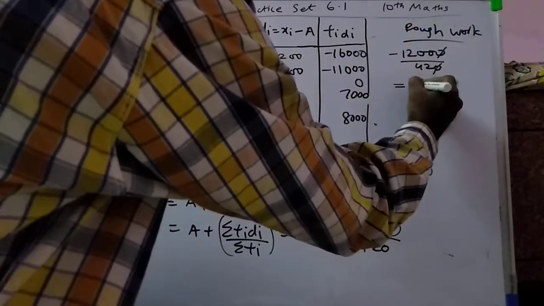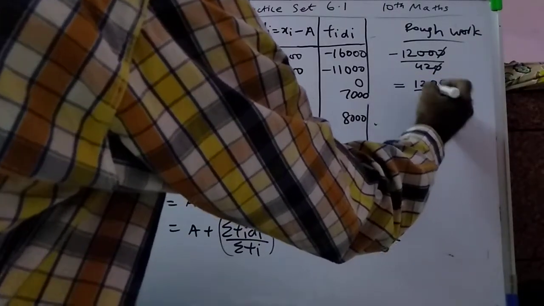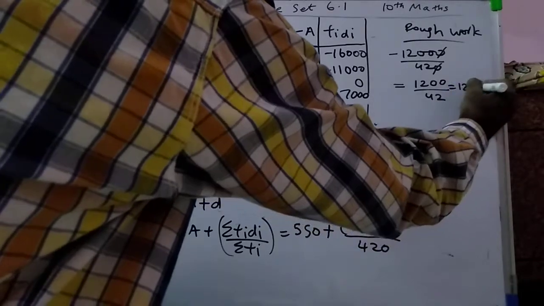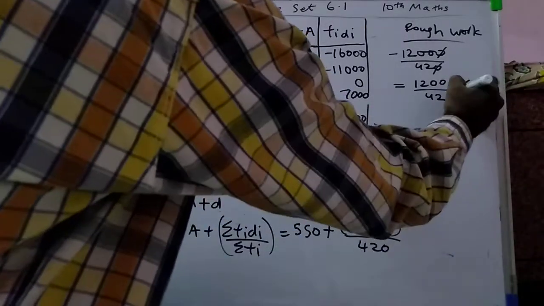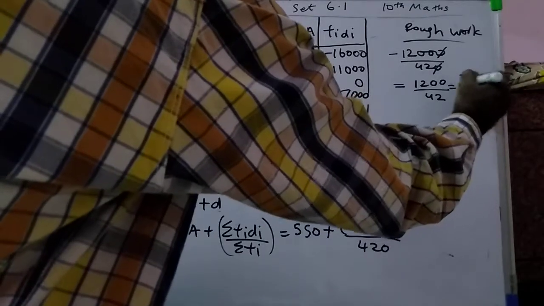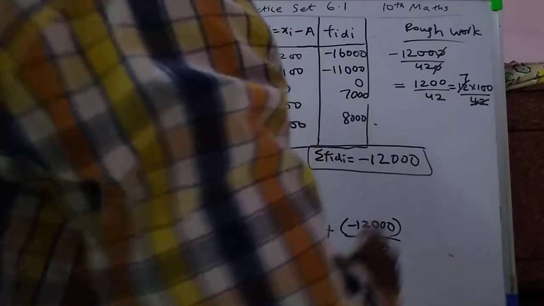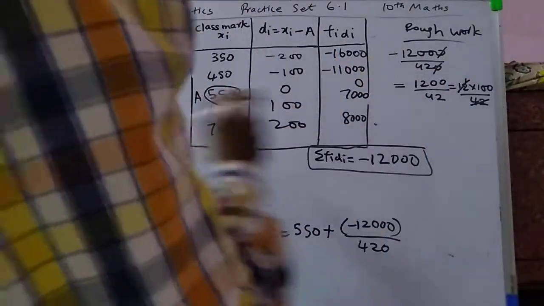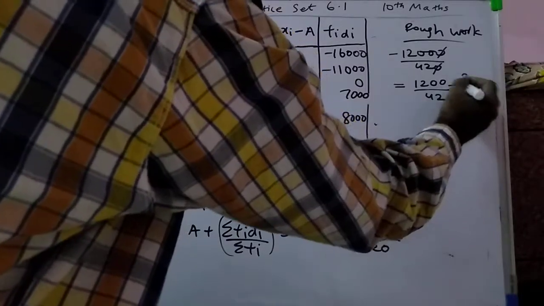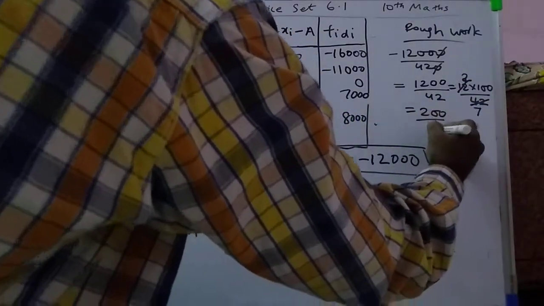Upon 42 both will go, that will become 12 into 100 upon 42, it will become 7 into 6 into, sorry it is wrong, it will go to 2 into 6 into 7, so that will become 200 upon 7.